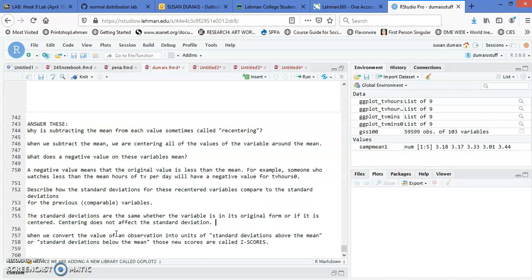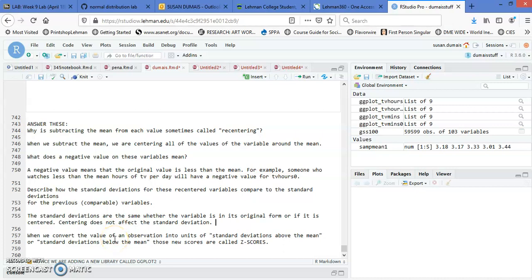It's a standardized unit, so you can compare it across different variable types, meaning TV hours as compared to age, as compared to something else. It allows us to work with the standard normal distribution and all of the properties that distribution has in terms of helping us make predictions for inferential statistics.